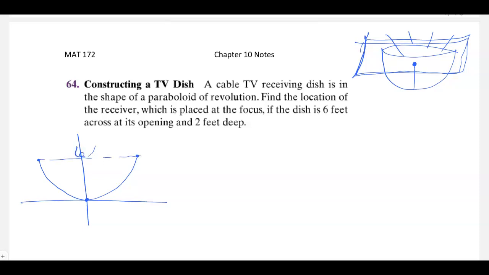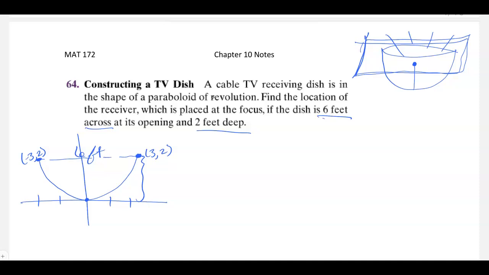If this has to be 6 feet across and 2 feet deep, then this point would be at 3, 2, and this point would be at -3, 2. Okay, so that would give me that distance of 6 feet across and that height of 2 feet, height being the y value there.